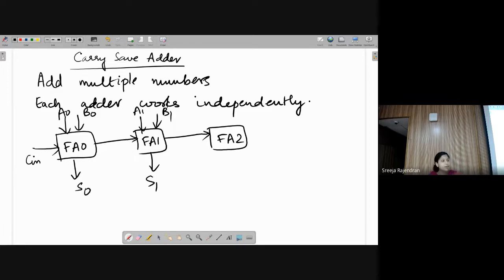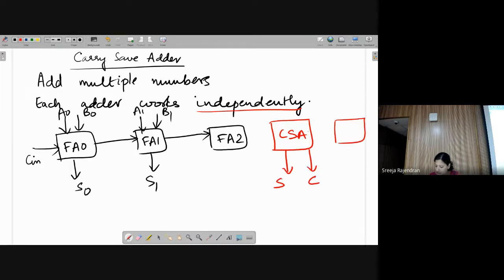So when I talk about a carry save adder, I say that it can work independently. That means there is no interconnection between each adder block. They work separately on their own. So how it does this is that, for each block in a carry save adder, I compute my sum, I compute my carry.